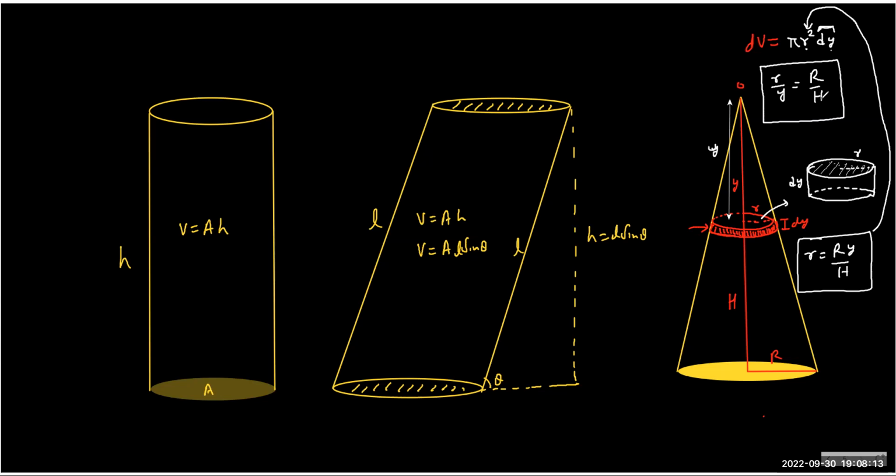Solve and tell me the volume which you are getting after integration. And y will vary from where to where to cover the entire cone? To cover the entire volume, what is the logical step? What is the limit of integration?